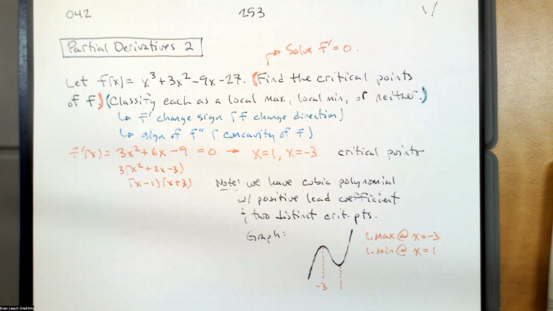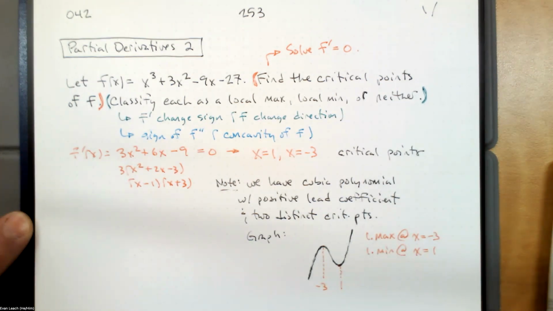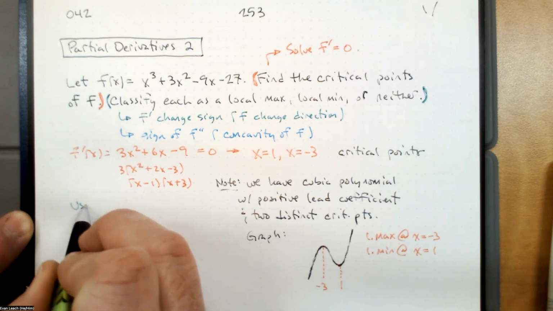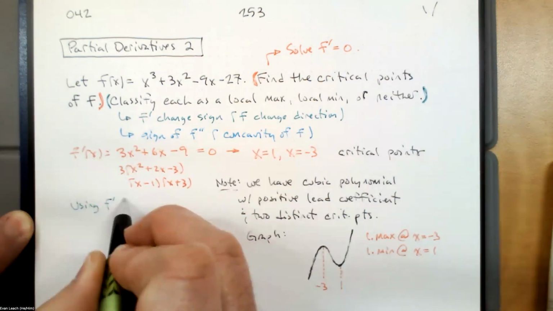So let's suppose we want to see where the derivative changes sign. So we know what's going to happen here. But if we think of a number line, they were classified using f prime to classify.